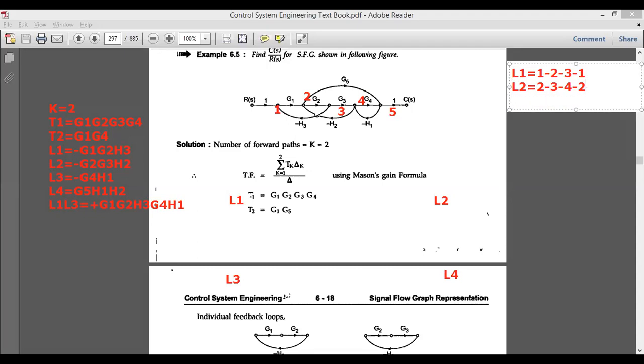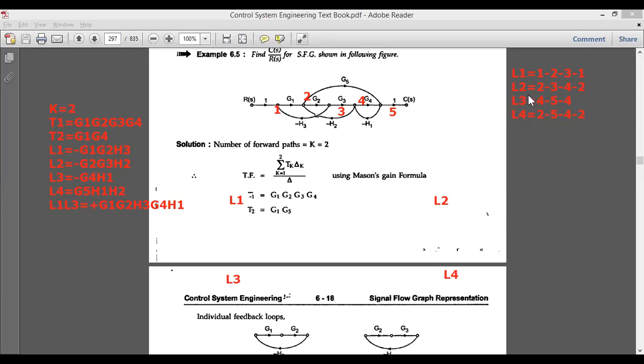L3, that is the third loop, in terms of node numbers. So what is the third loop here? It starts at point number 4, goes to point 5, and comes back to point 4. Then L4: it starts at point 2, goes to point 5, goes to point 4, comes back to point 2. Now it will become more clear. So which are non-touching, in the sense the nodes should not touch.